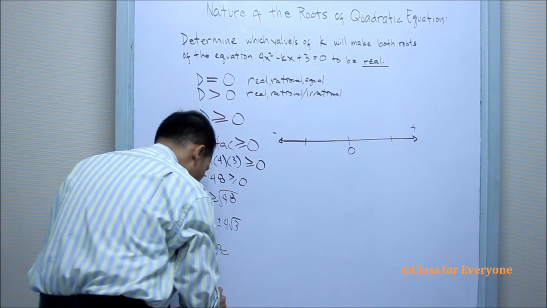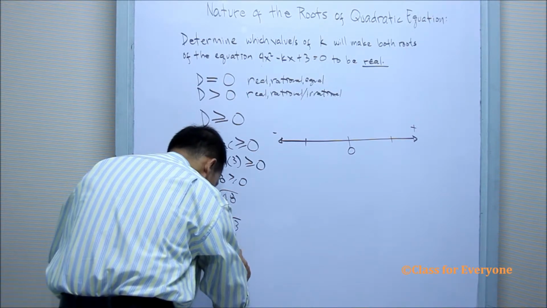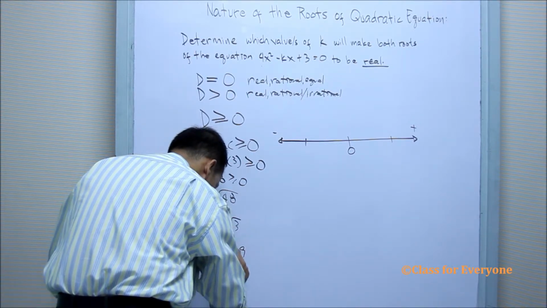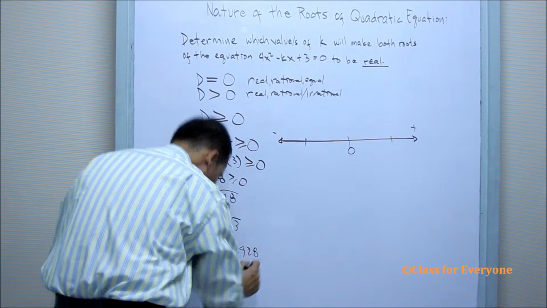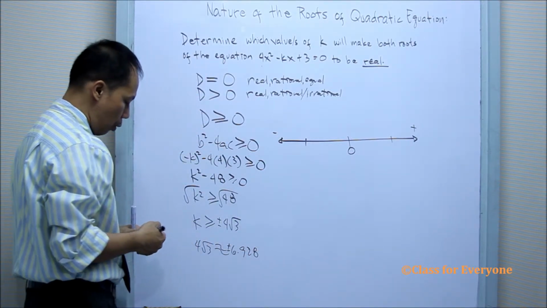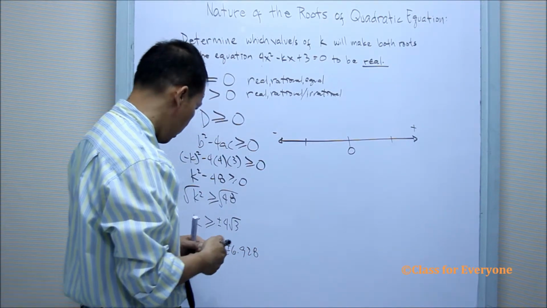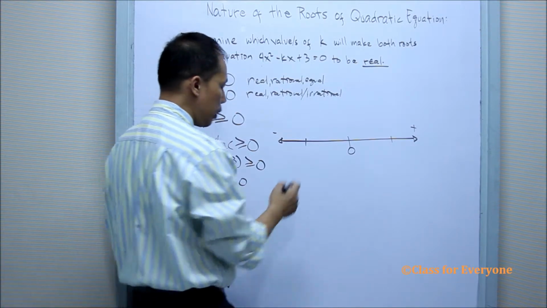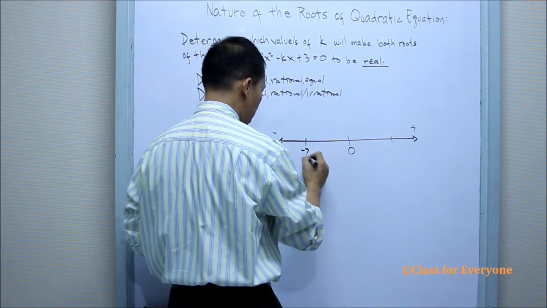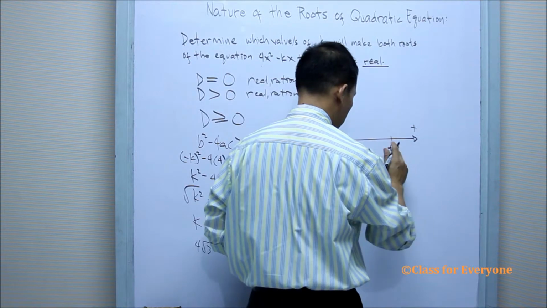This positive negative 4 times square root of 3 is approximately equal to positive negative 6.928. Now, suppose this is negative 7 and this is positive 7.